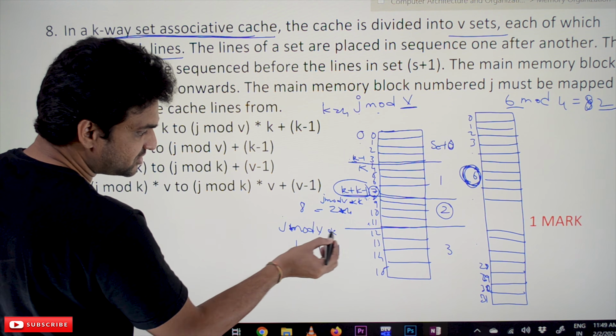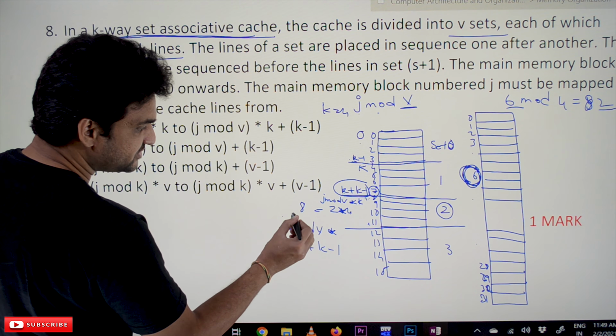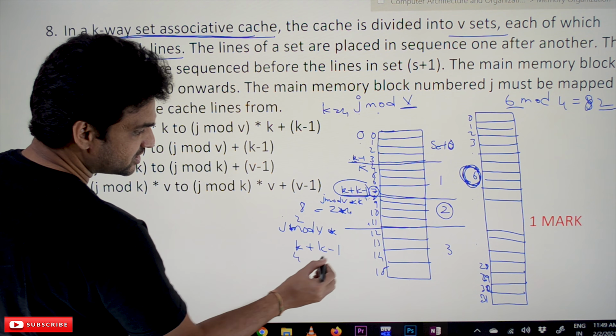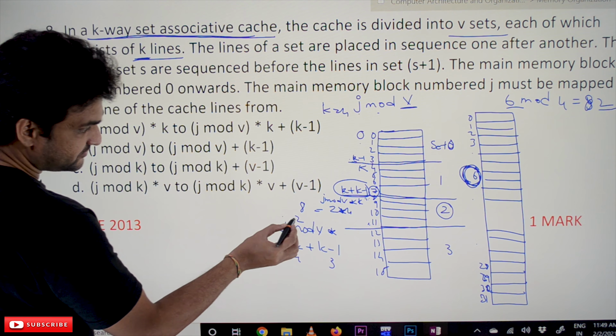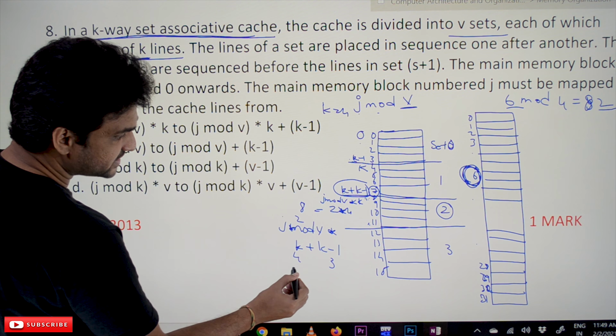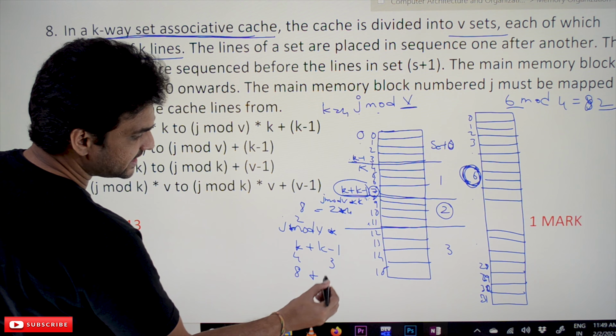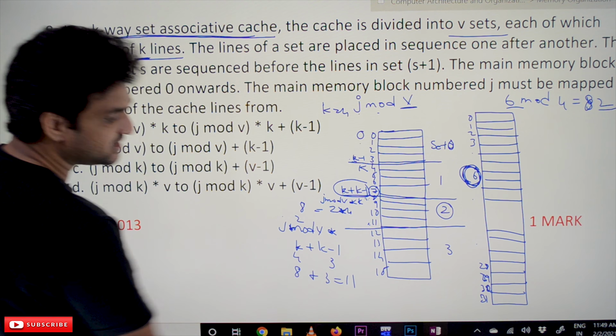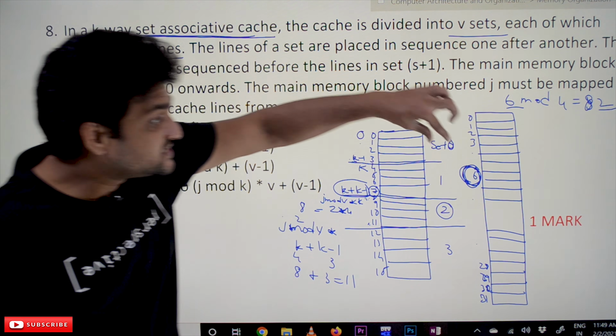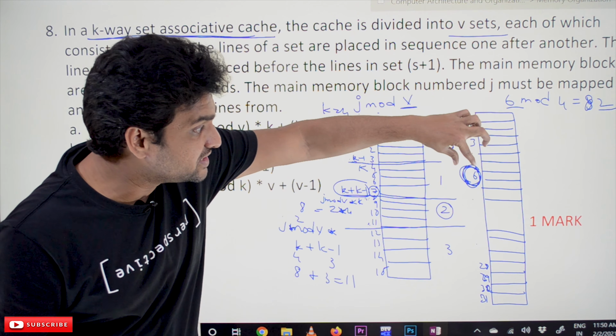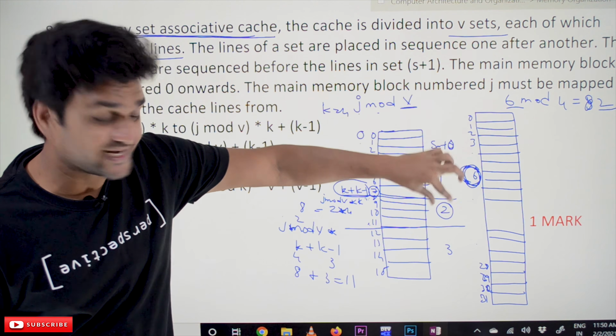So here j mod v into k: j mod v is 2, k is 4, k minus 1 is 3, which is 4 into 2, 8. 8 plus 3 is equal to 11.